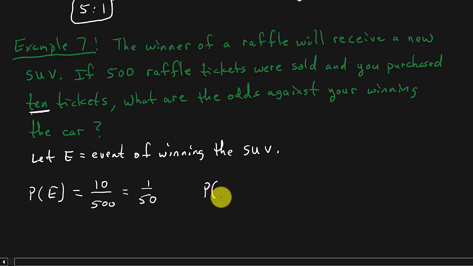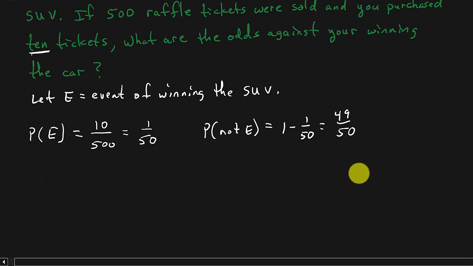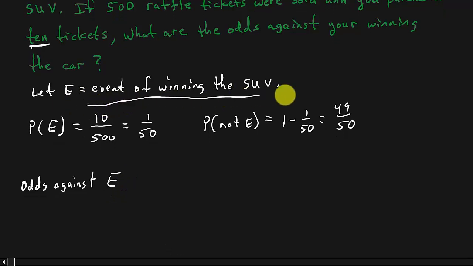So the probability of not E, the probability you don't win the SUV, well, that's that complement rule again. That's 1 minus 1 over 50, which is 49 over 50. Okay? So we want to know the odds against, right? So odds against E, where E is the event of winning the SUV.